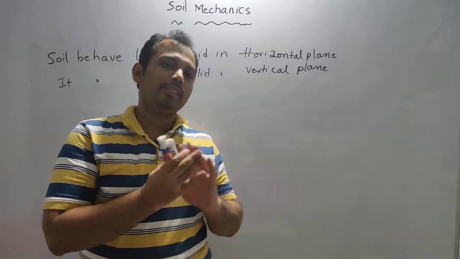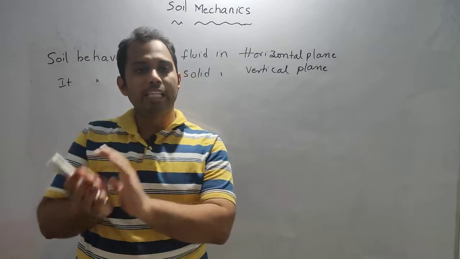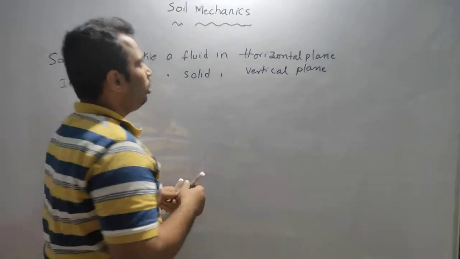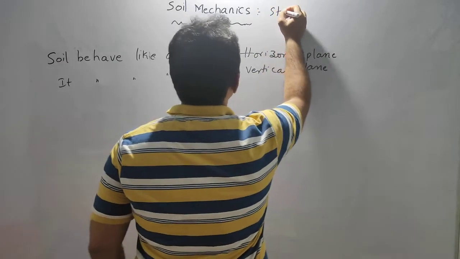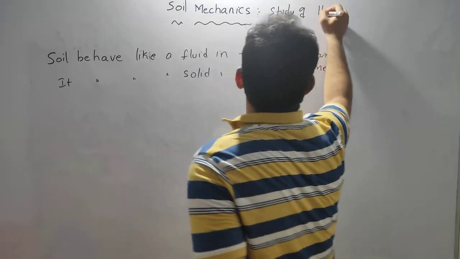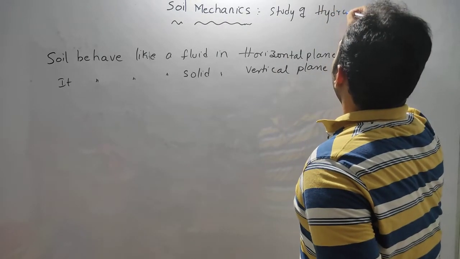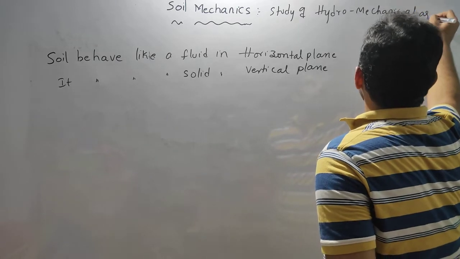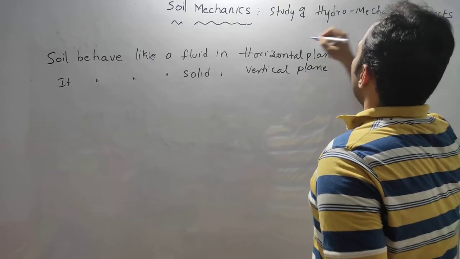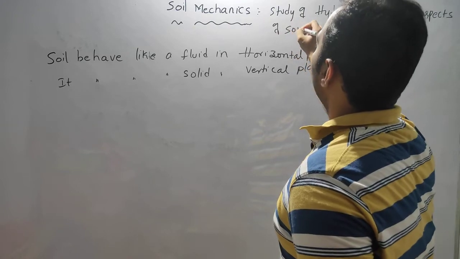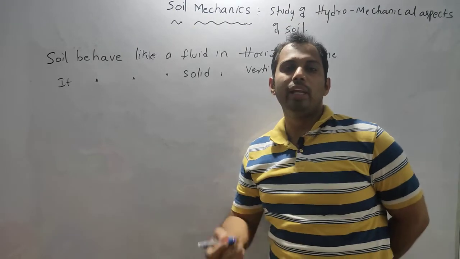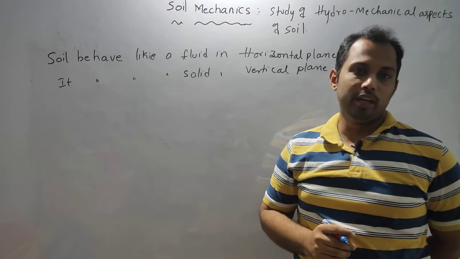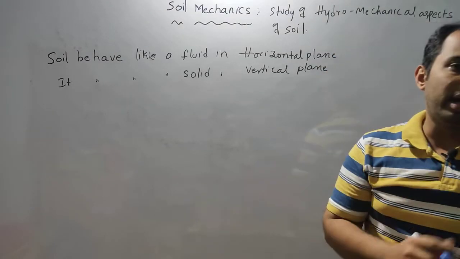So soil mechanics is nothing but the study of hydromechanical aspects of soil. The study of the hydromechanical aspects of soil is nothing but soil mechanics. So that is the definition of soil mechanics.